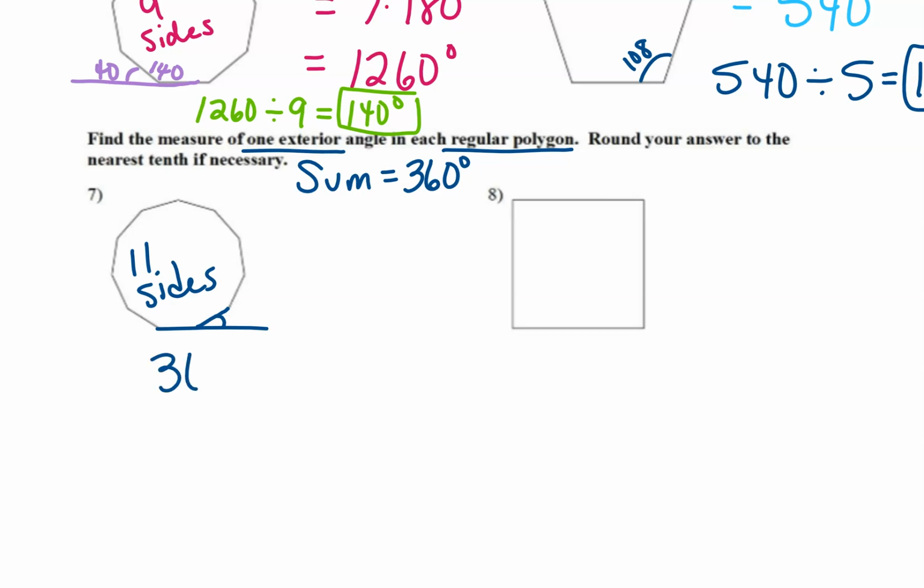So we're going to do 360 divided by 11. It says to round to the nearest tenth if necessary, so if we don't have to round, we don't worry about it. Go ahead and do 360 divided by 11. It's 32.72 repeating, so rounded to the nearest tenth, 32.7.